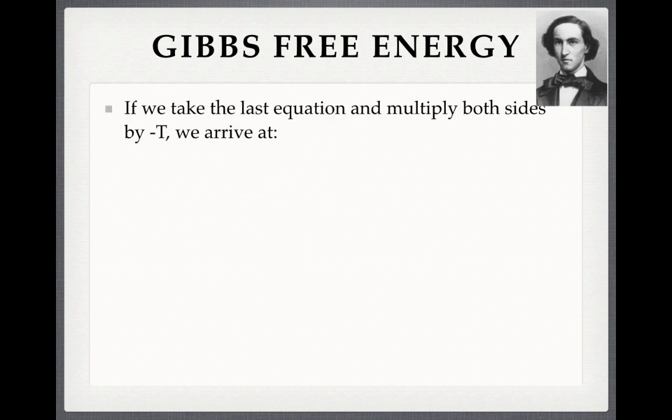Now this brings in the idea of Gibbs free energy, and the gentleman who developed some equations looking at this delta S of the universe. If we take that last equation from the previous slide, we're going to multiply both sides by negative T. We get an equation that says negative T delta S universe is equal to delta H system minus T delta S system.